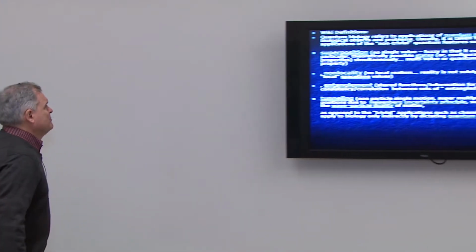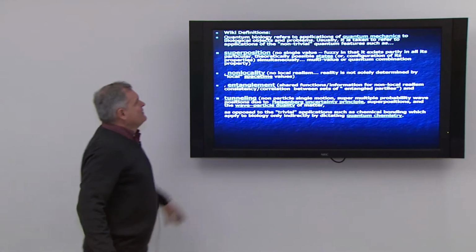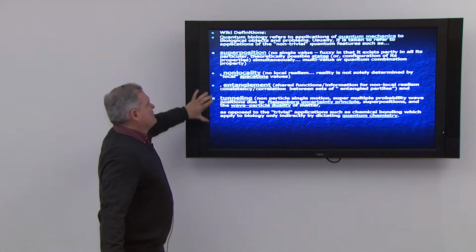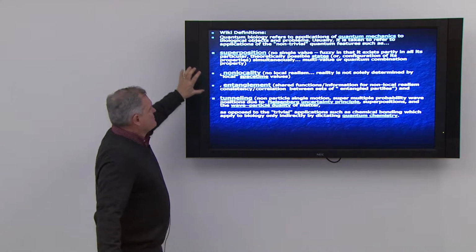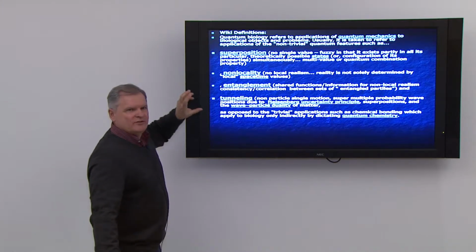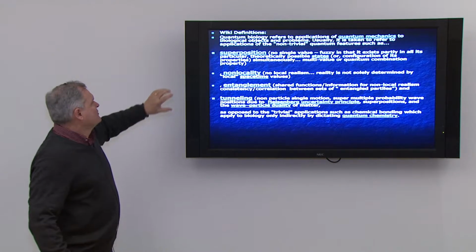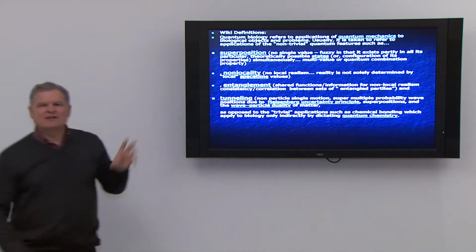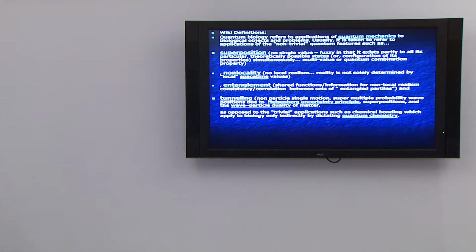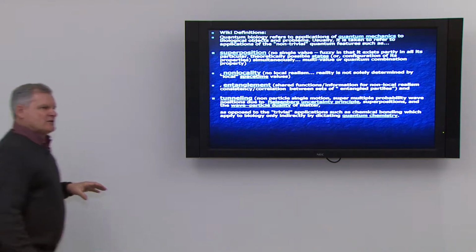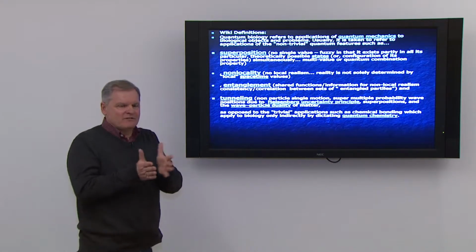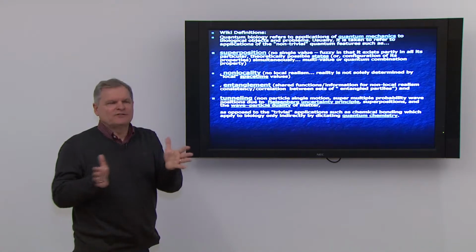If you go to Wikipedia, quantum biology refers to applications of quantum mechanics to biological objects, and specifically they mention some of these weird features of quantum mechanics, like superposition of states, that is, being simultaneously in two or more different states, which classical physics doesn't allow, just like this electron going through both slits at the same time.